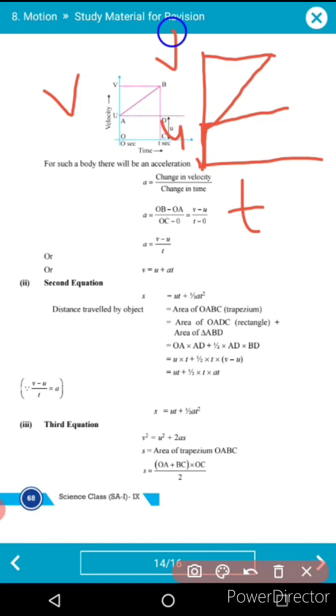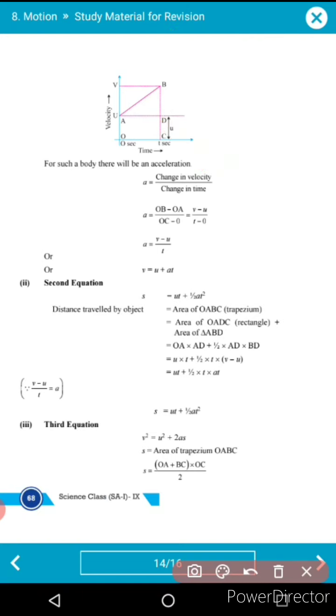So this is the graph shown in the figure. Initially the time is t equal to 0, and here we are getting t equal to t.